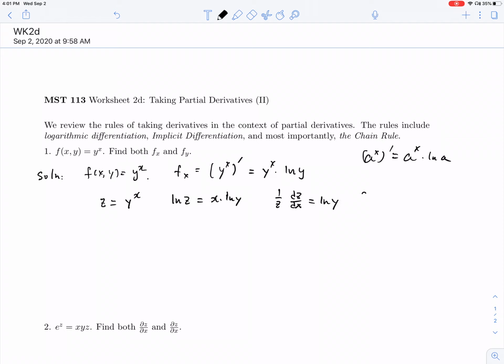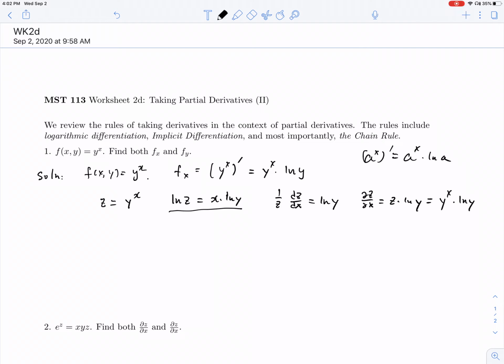So partial z, partial x is equal to z times log y, and plugging in, that's y to the x times log y. That's called logarithmic differentiation. You take the logarithm first and then take the derivative. Just remember it's a partial derivative.